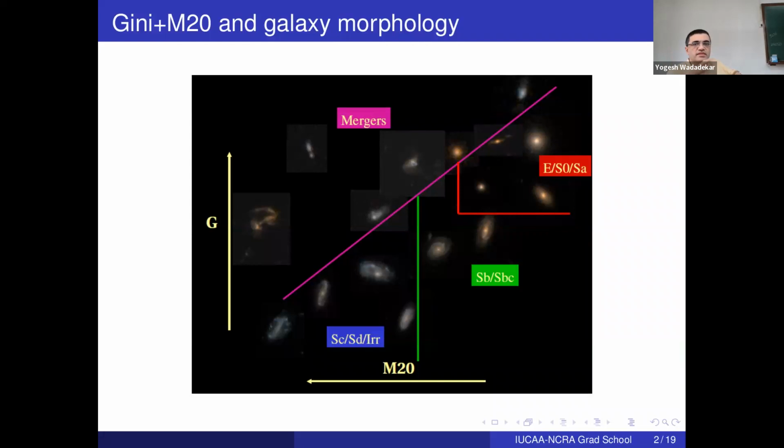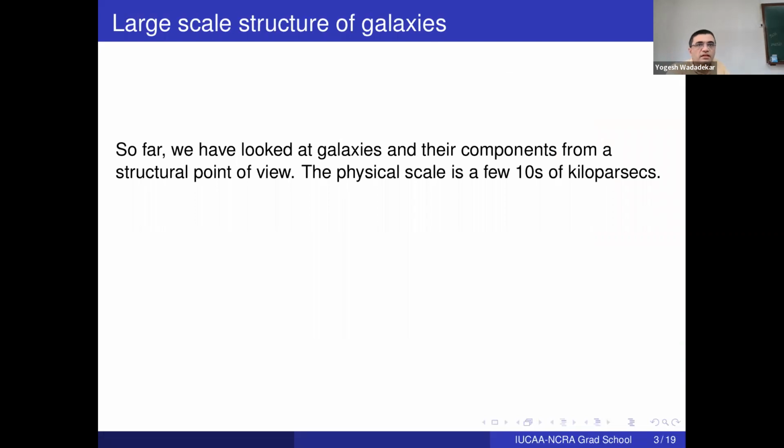So that's the efficacy, the utility of these things. I'll just introduce this slide and stop. So far we have looked at galaxies as individual units, and we have spoken a little bit about their constituent subunits, which are stars primarily.